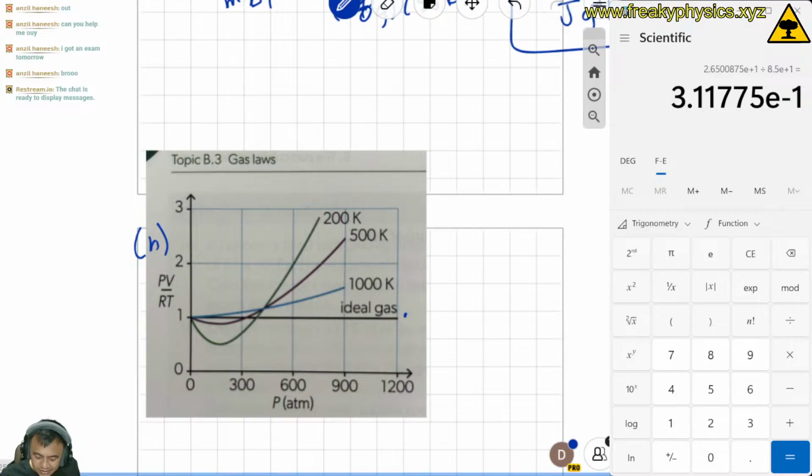So this simply means that for an ideal gas, it doesn't matter if you have 1 mole of a substance.